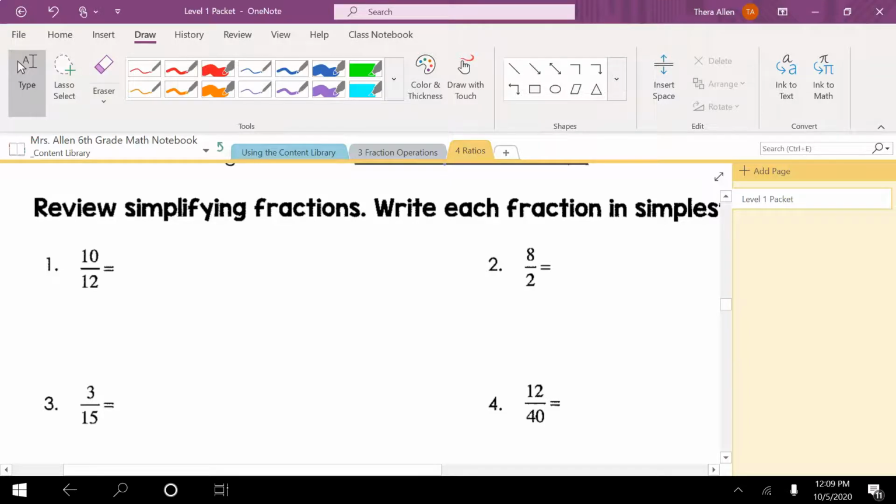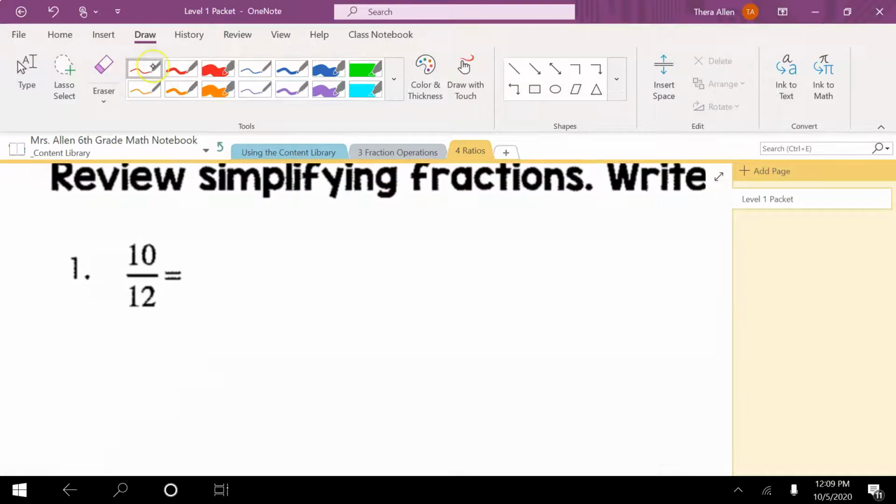So I look at 10 and 12 and I think, what factor is common between 10 and 12? And I know 2. So I divide both by 2 because whatever I do to the top, I have to do to the bottom. 10 divided by 2 is 5. 12 divided by 2 is 6. And 5 and 6 do not have a common factor. So that is my simplified fraction or simplified ratio.